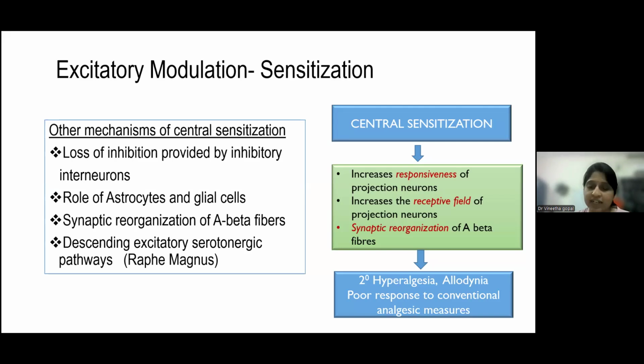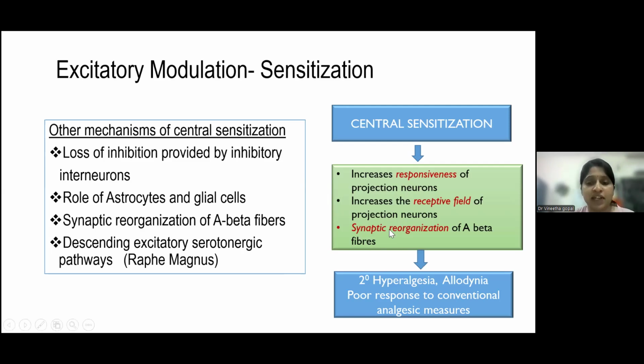So the net result is that I will feel that my pain is not just coming from C6; I will feel pain in the C7 and C8 dermatomes also. In simple terms, the area of pain increases. You might have noticed in your practice that the patient initially complains of back pain in one small area, but after some time, as a result of sensitization, they will say that my whole back is painful. So that receptive field increase is also a result of this central sensitization.